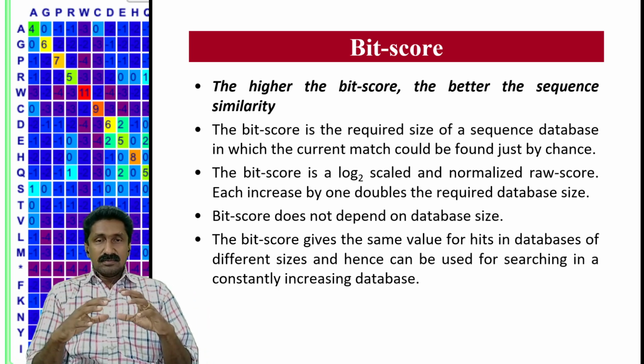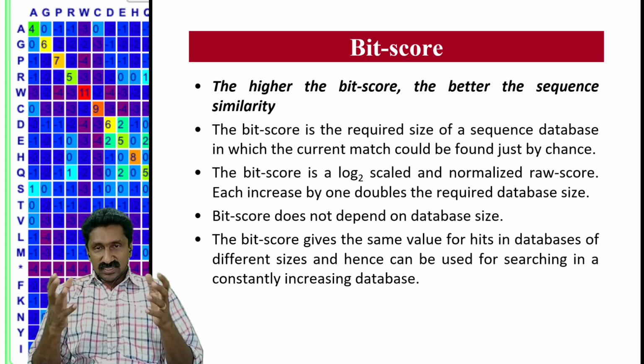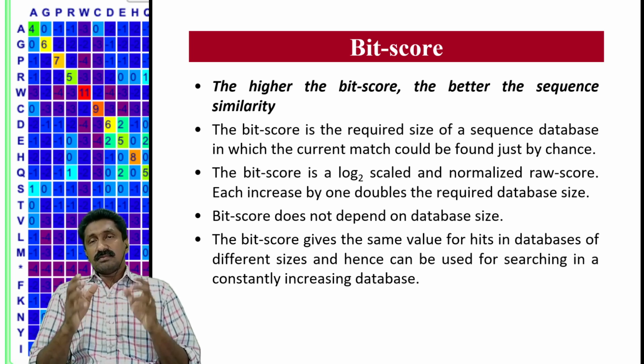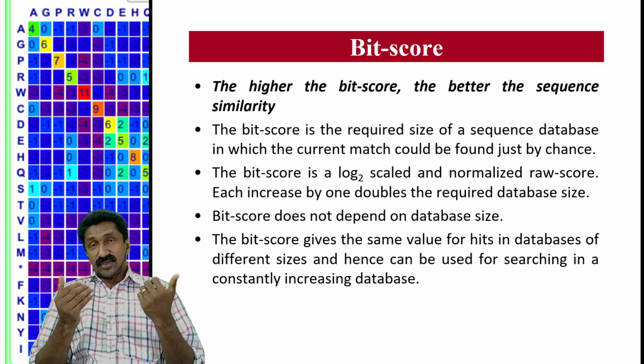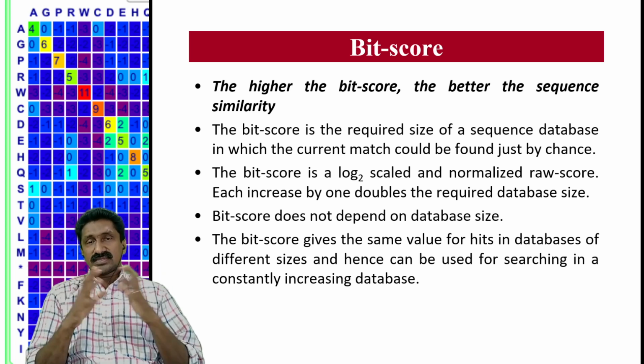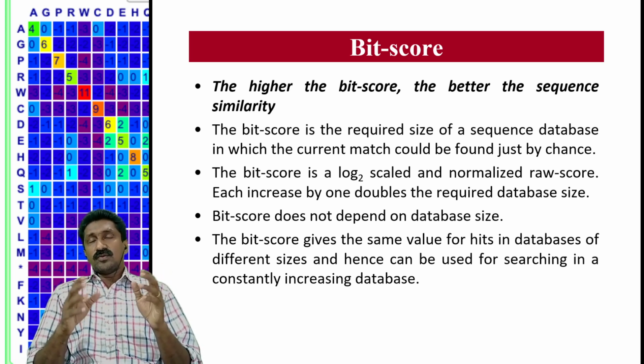It is because you are having a very large query coverage, and your database size is increasing, and that means finding such random matches will increase with the size of the database. So the bit score is the required size of a sequence database in which a current match could be found by chance.